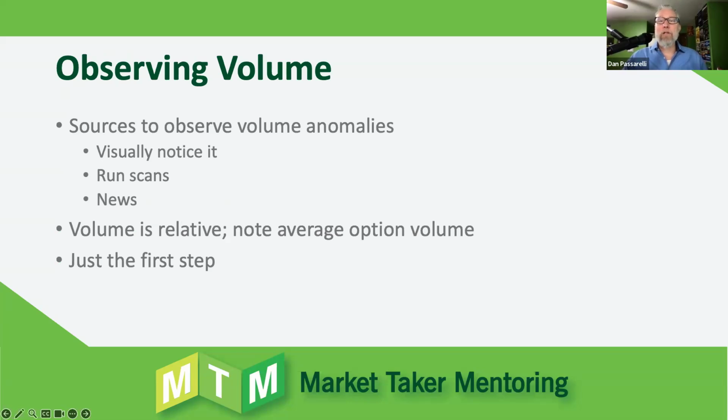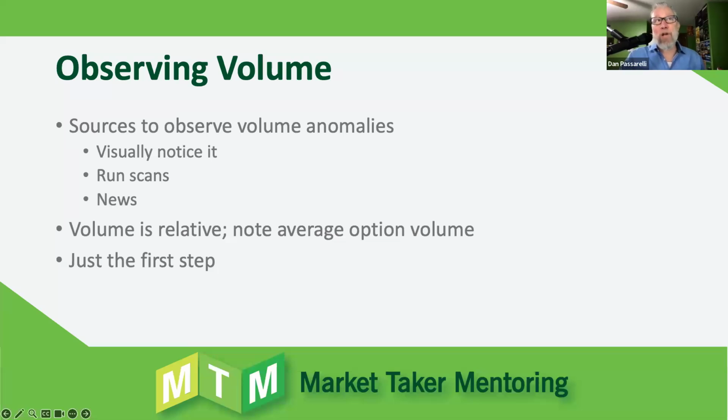All right. So we're going to look at volume. What sources do we use to observe volume anomalies? Well, for one, we just look at it in the option chain.